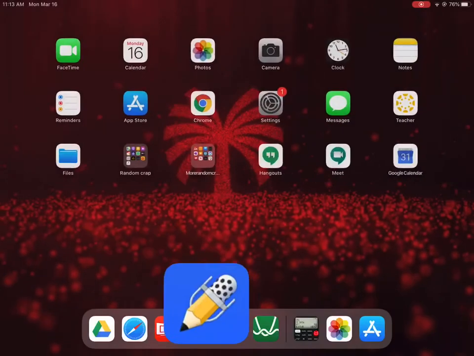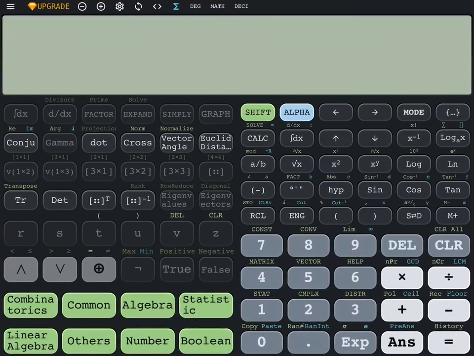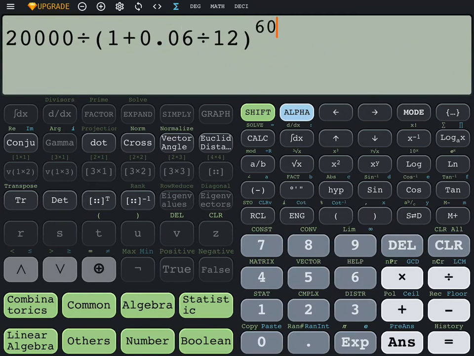All right, here's the tricky part. We got to put it in the calculator the right way. Here we go. So we have 20,000 divided by, now here's the part where you have to use parentheses, 1 plus 0.06 divided by 12, parentheses, and that's raised to the 60th power.